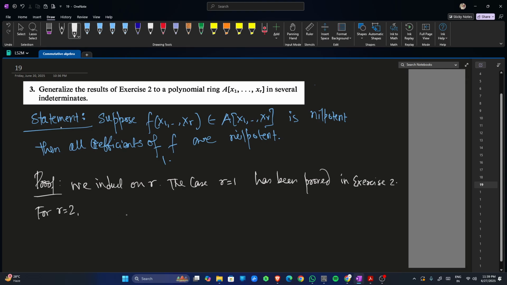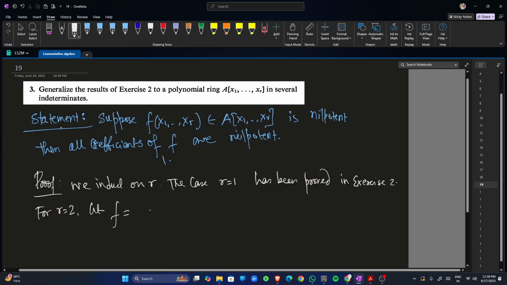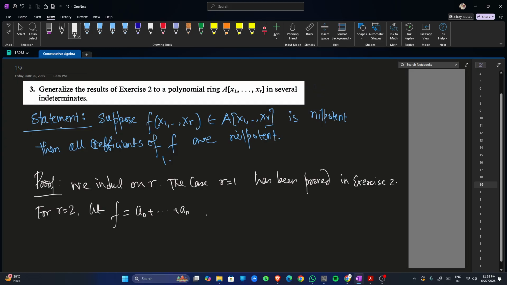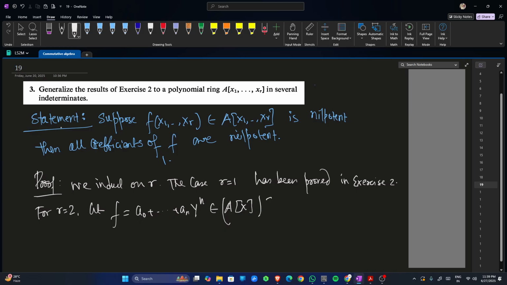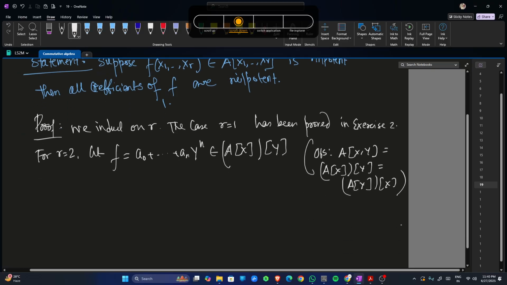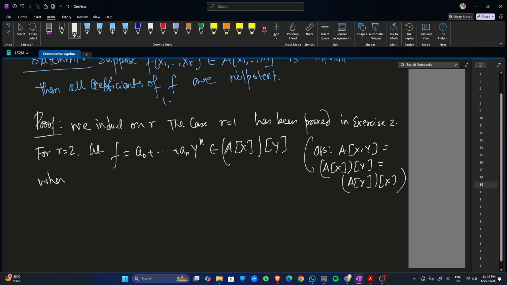For r equal to 2, let f equal to a0 + ... + an y^n belong to A[x][y], which is the same as A[x,y], same as A[y][x], where an is not equal to 0 and ai belongs to A[x], 0 ≤ i ≤ n.